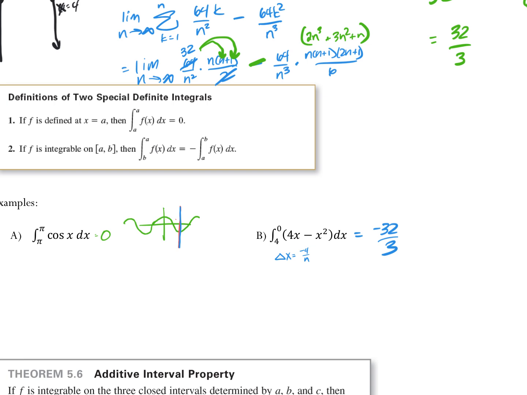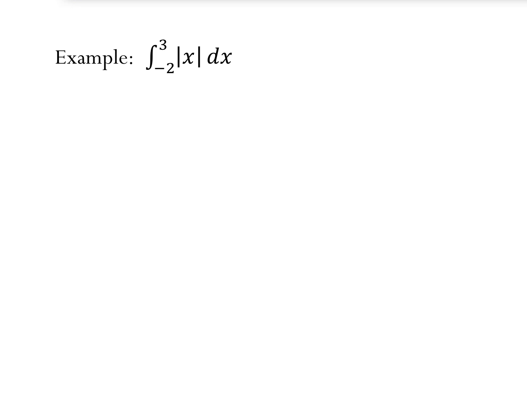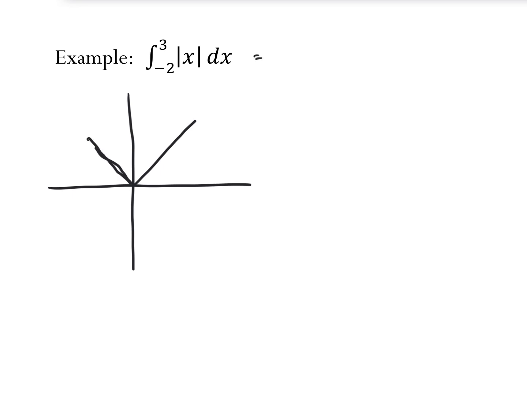Questions? Perfect. How would you do this one? Could I integrate it the way it's written right now? Not with absolute value, I can't. Is there any way to cancel out absolute value? What you would do is call this negative 2 to 0, negative x dx, because the y value is the negative of the x value.